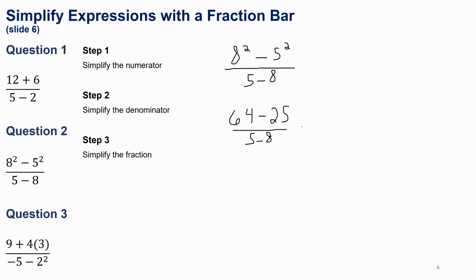So 64 minus 25 then is equal to 39, and 5 minus 8 is equal to negative 3.